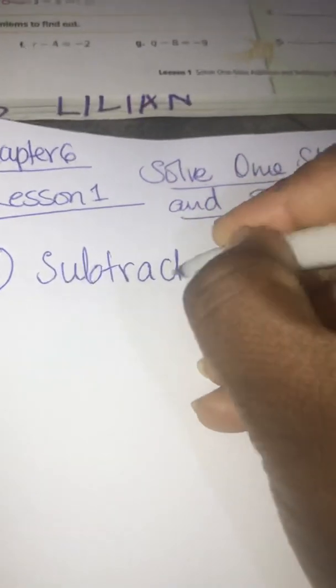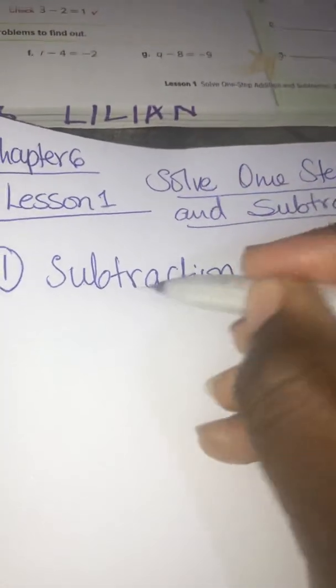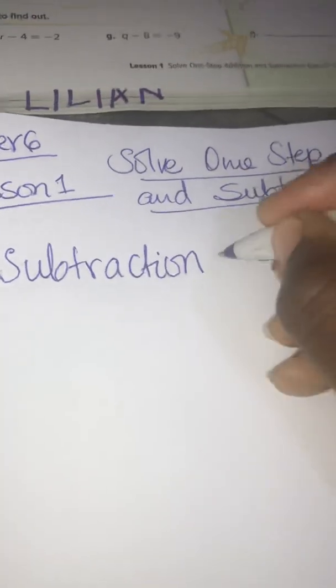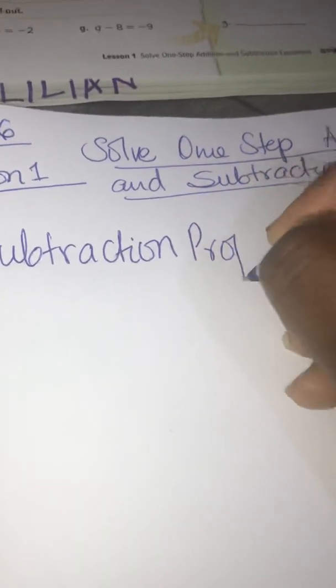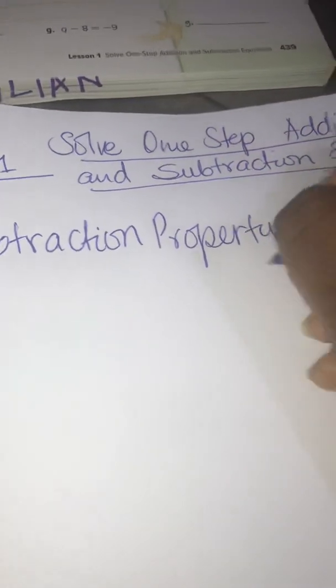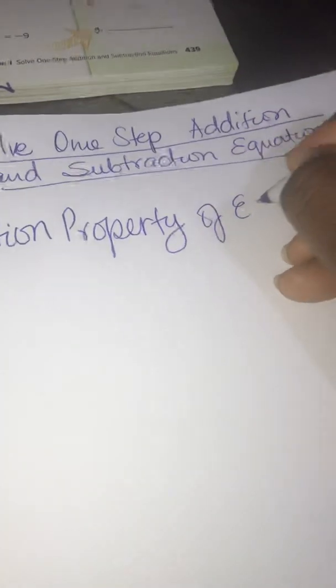So this video, I think I will divide it into 2 parts. Subtraction property of equality. Okay?